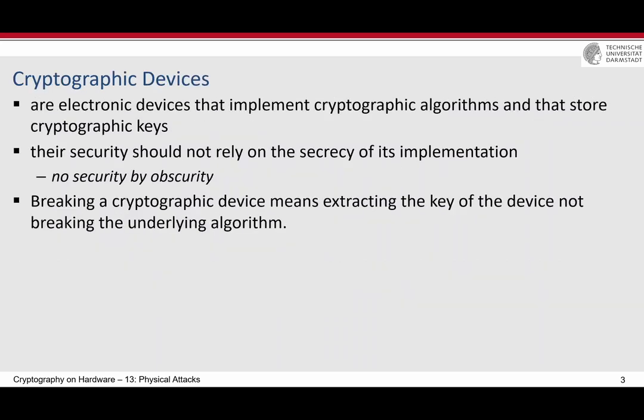Then the definition of cryptographic devices, this is what you already learned in this lecture. It means, for example, the implementation that you have of AES or any other thing, which actually performs a cryptographic operation. And one thing that is super important, not only in the implementation: the security of this implementation should not rely on the secrecy of the implementation.